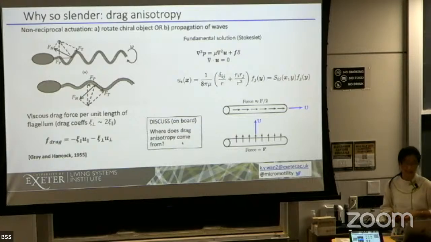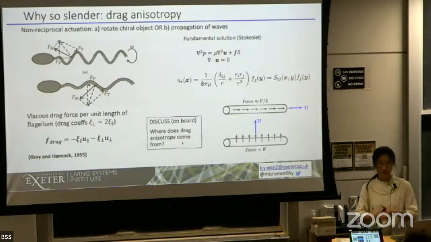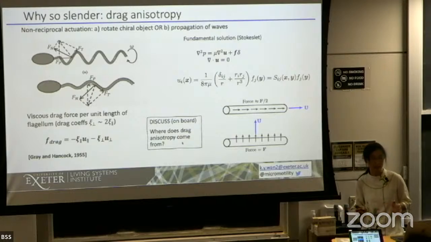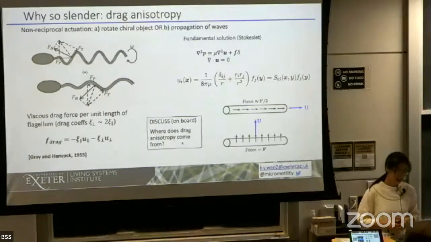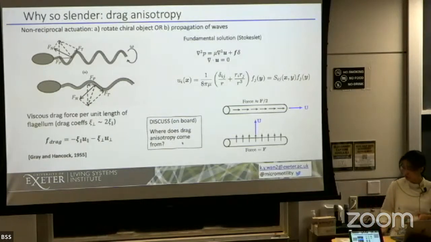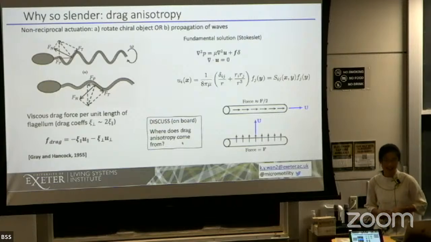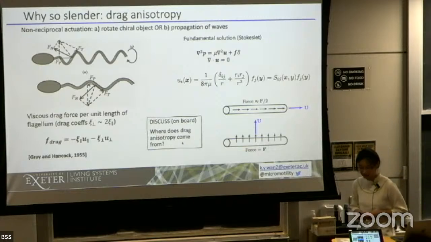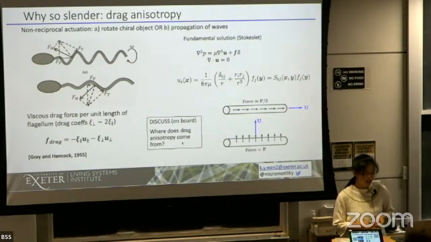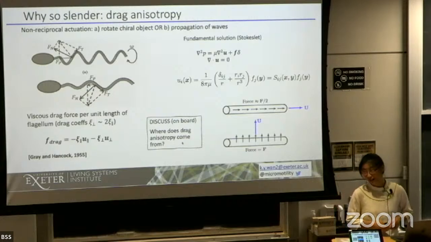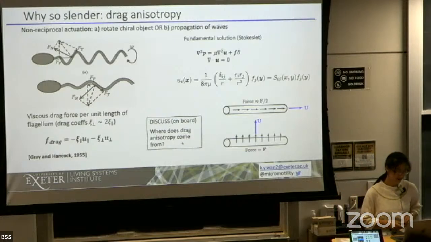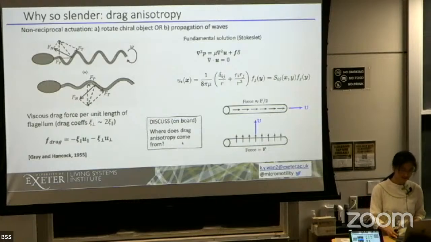Basically, in the limit of something like a spheroid, where you extend the aspect ratio between the length and the radius, eventually you get this scaling where the drag coefficient in the perpendicular direction is approximately twice that in the parallel direction. One thing to note is that this ratio can never be exceeded, so you can't really get better than this.